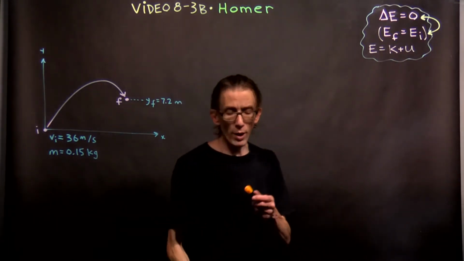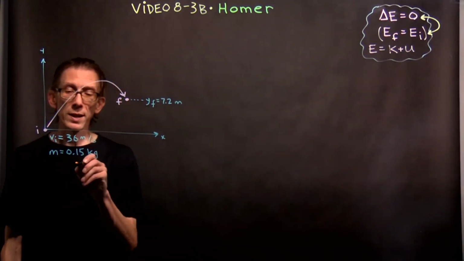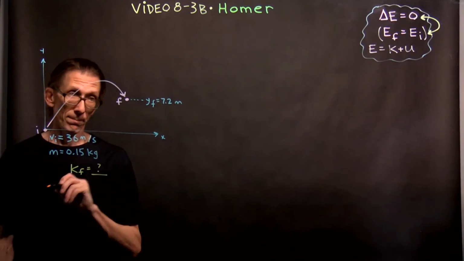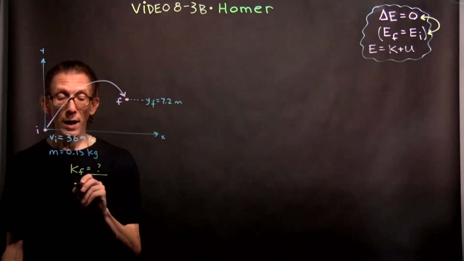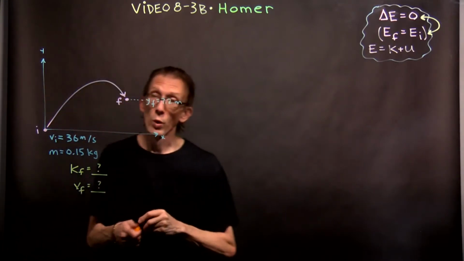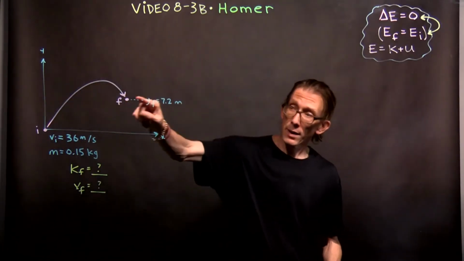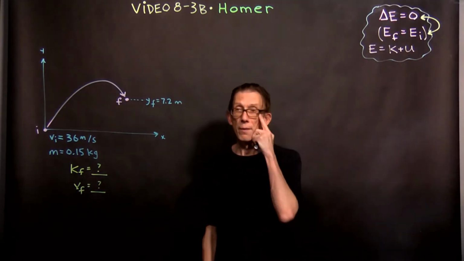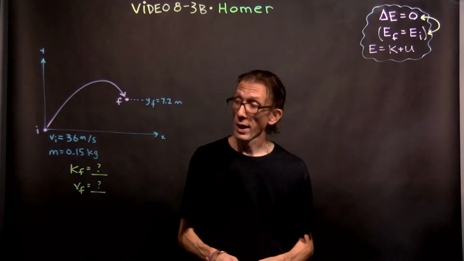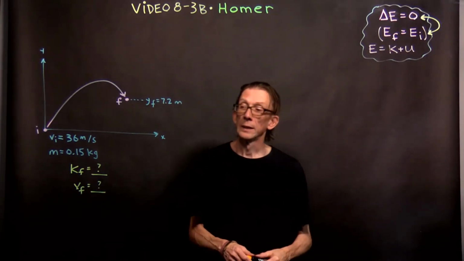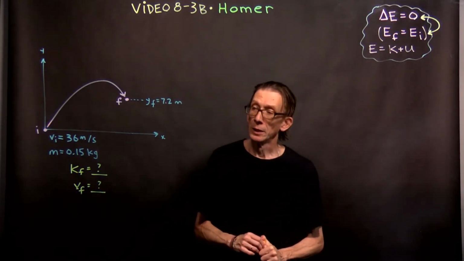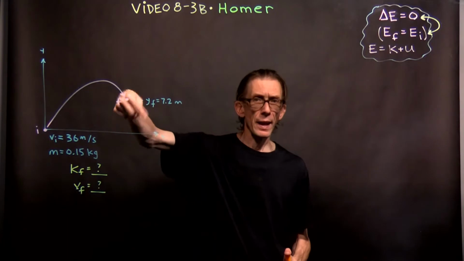The questions are: what is the final kinetic energy of the ball, and what is the final speed of the ball when it is caught by the fan 7.2 meters above the field?